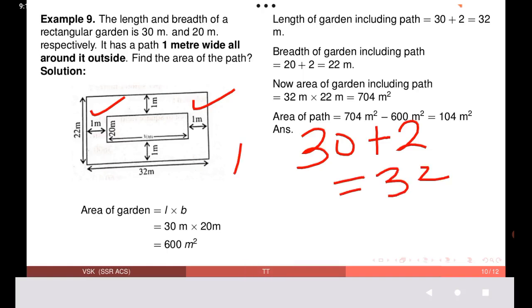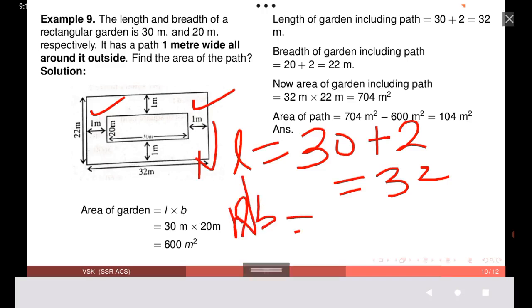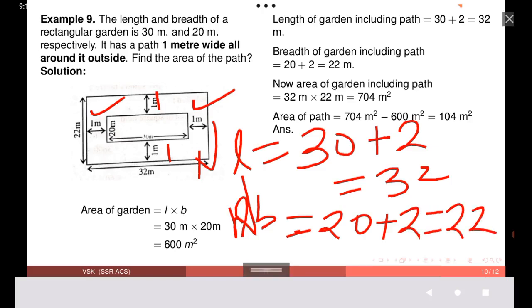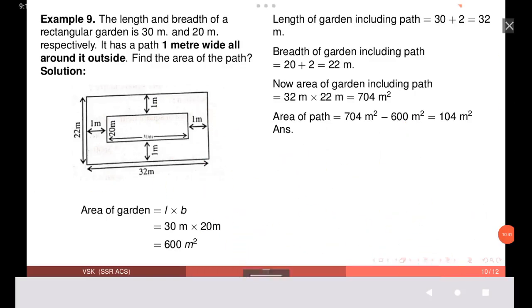And the new breadth in this case will be, because it is given as 20, and this is 1 and this is 1, so 20 plus 2, that is 22. So now the area of the garden including the path will be 32 into 22, that is 704.